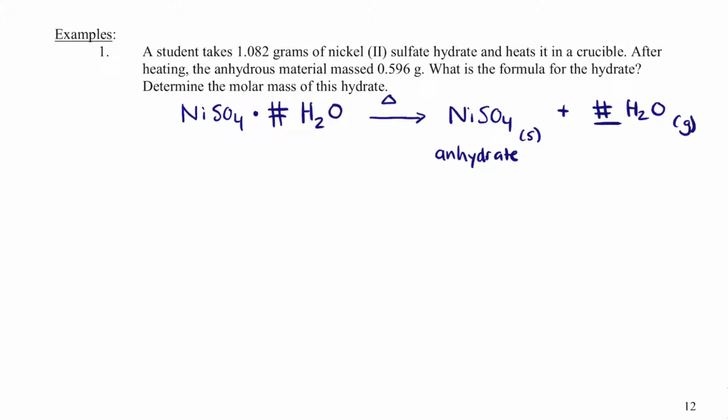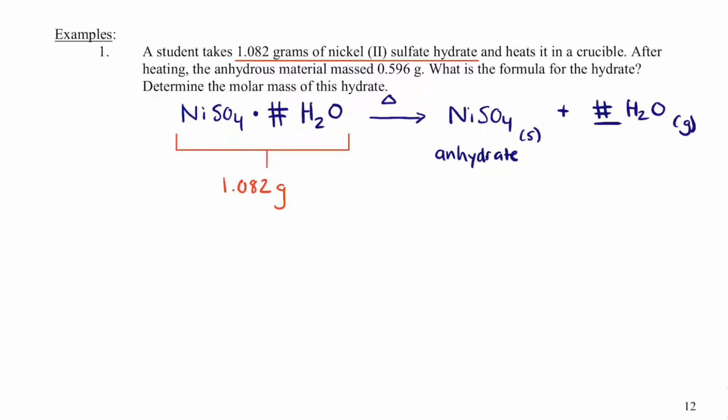and I don't know what that number is until I do the math. If I read this problem, I'm given 1.082 grams of nickel 2 sulfate hydrate, and that's before it was heated. So this guy right here is 1.082 grams.